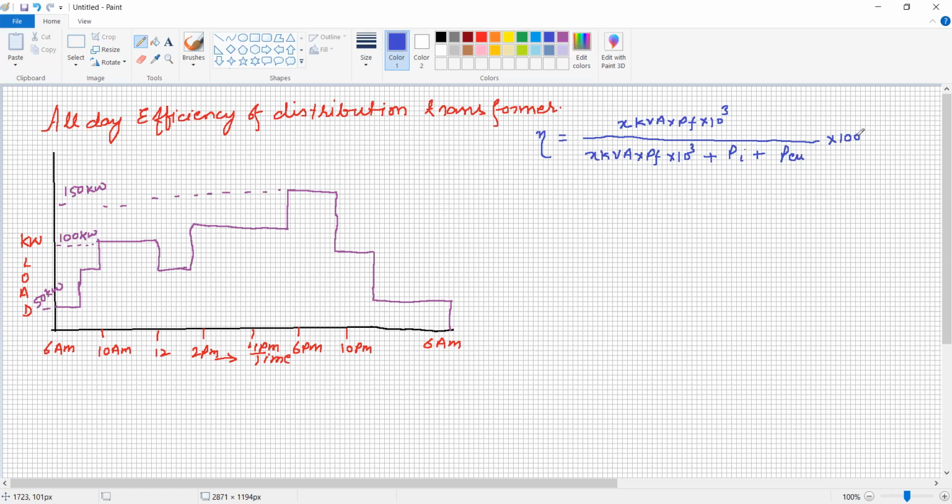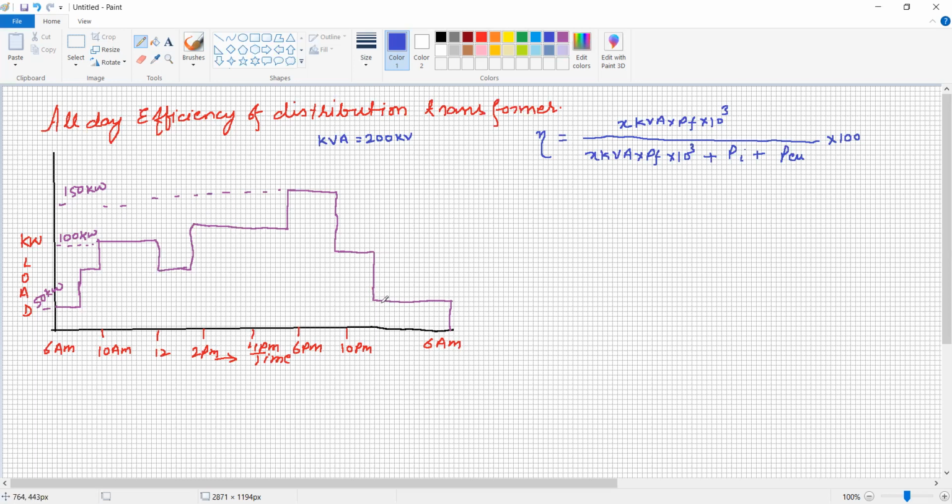But this efficiency is the instantaneous efficiency, meaning at some particular load condition. Say, for example, the transformer is loaded at 150 kilowatt, the output of the transformer is 150 kilowatt, whereas the capacity of the transformer, given in kVA, is 200 kVA. So at a particular power factor, say unity power factor, the output of the transformer is 150 kilowatt, and under such condition it gives an efficiency of 90%.